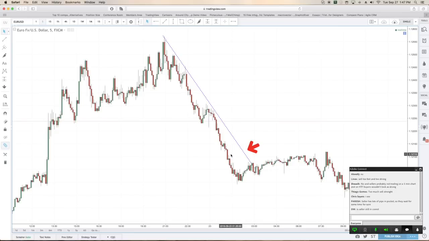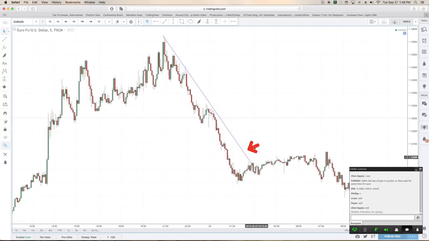So once the sellers still dominate, what's the right way to look at a breakout now? For the sell side or the buy side? If I'm still on this chart and I see sellers are still in control, which breakout do I want to work with? There you go. You guys are picking up quick. Look at this.